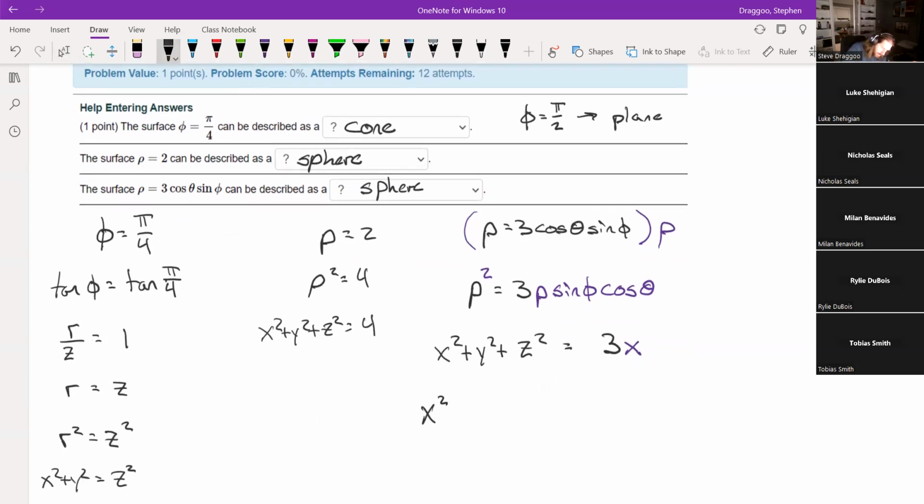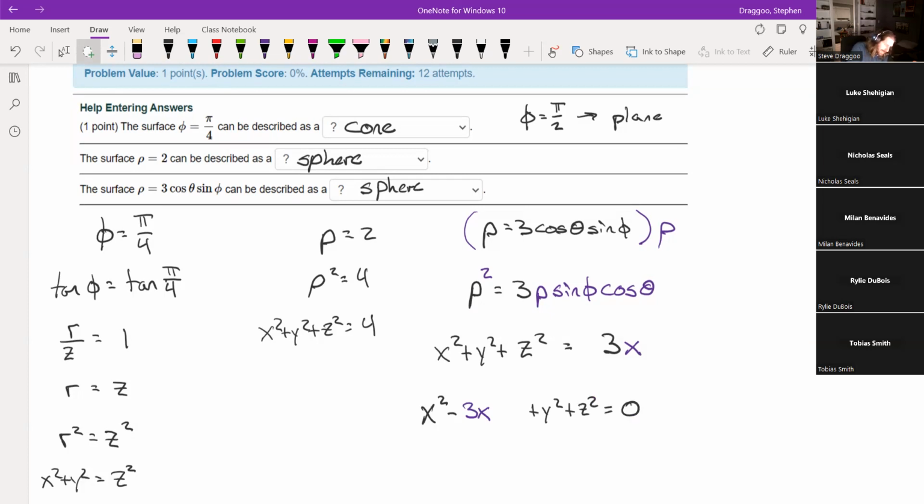This will be x squared minus 3x. I might as well do the whole thing. Leave myself a gap. Plus y squared plus z squared equals 0.